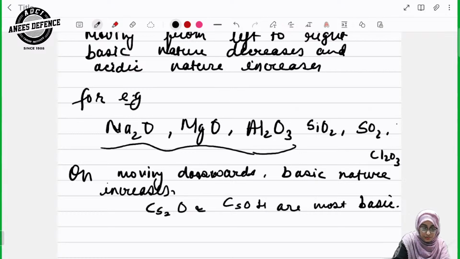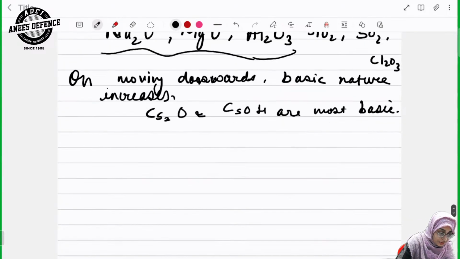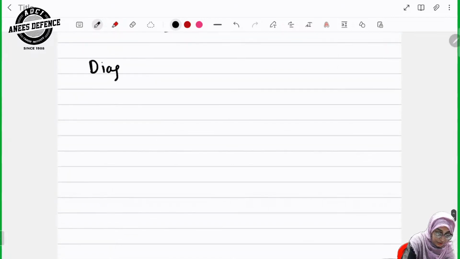The trend. So just one thing we should discuss, that there is a diagonal relationship. One last thing is that there is a diagonal relationship.